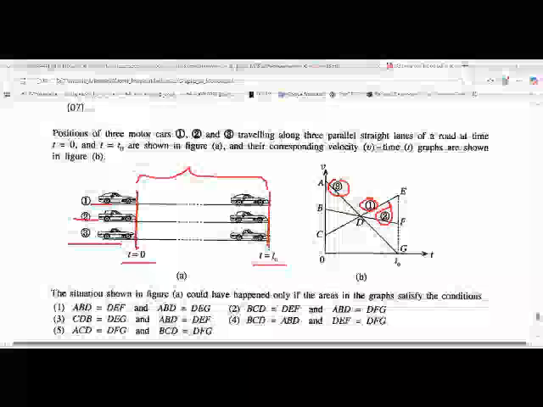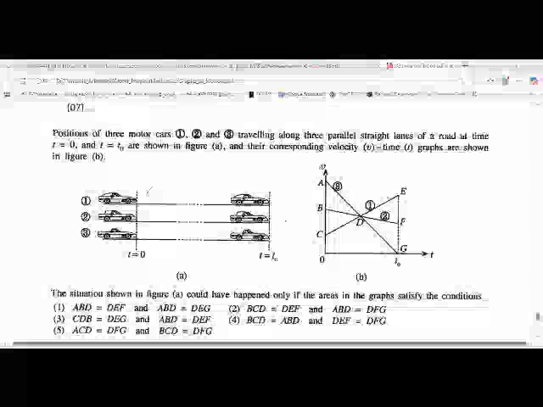Then what should happen through these conditions? What's the main condition? Their displacements should be equal.